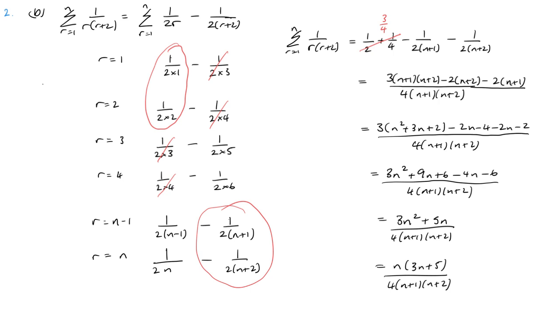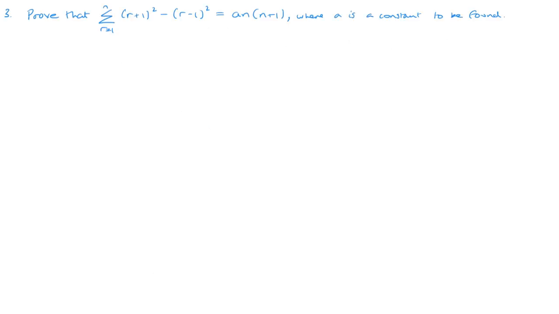Now let's move on to number 3. So this one I'll do without doing the pattern first of all. I'll let f of r equal r minus 1 squared. So my sum is f of r plus 2 minus f of r.